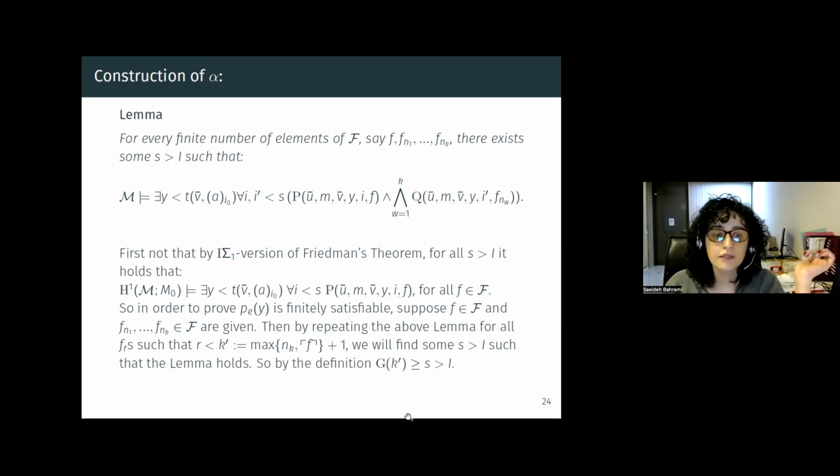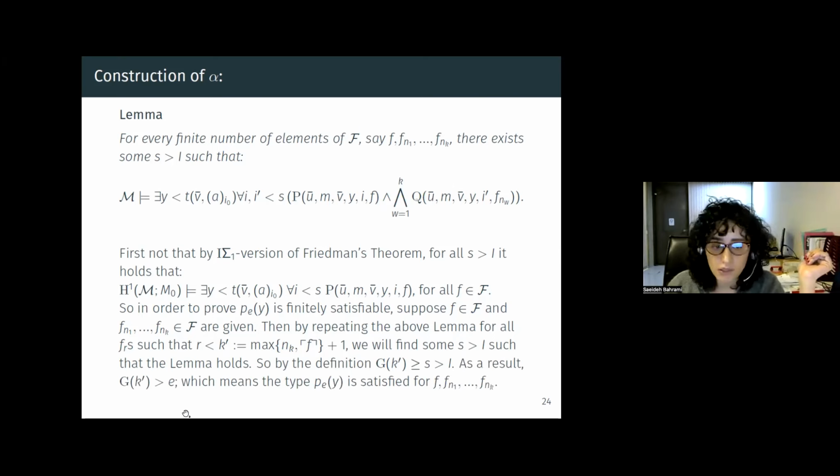This means that by the definition of g, g of k prime is larger than s, so it is larger than I, so by the strongness it is larger than E. So since E is smaller than g of k prime, and g of k prime was the largest one such that p of y is satisfied for these elements, it is satisfied for these elements.